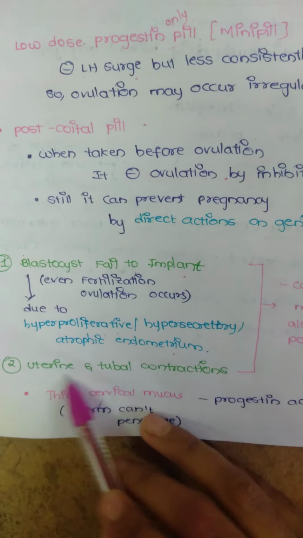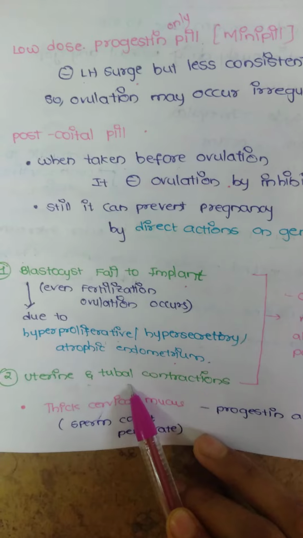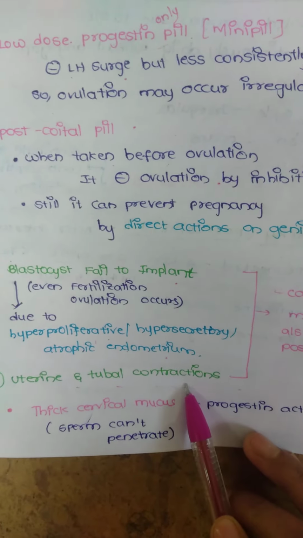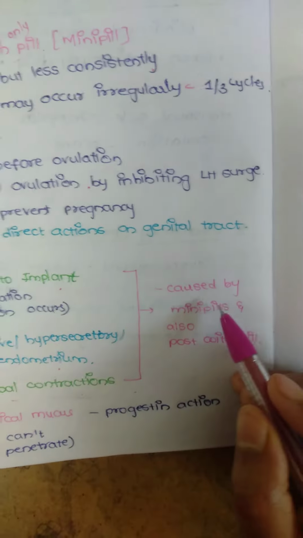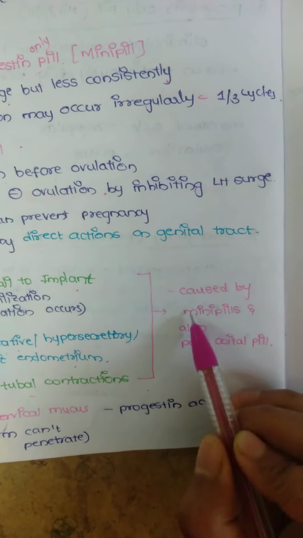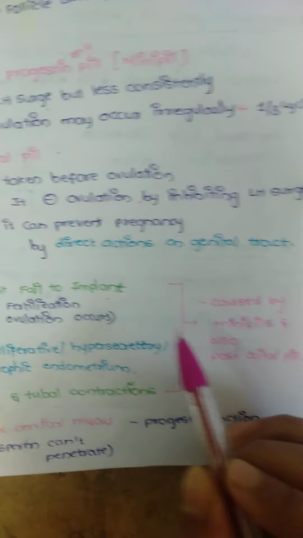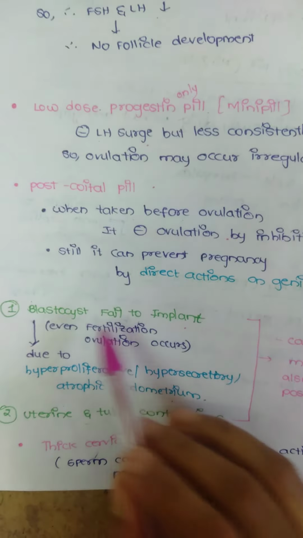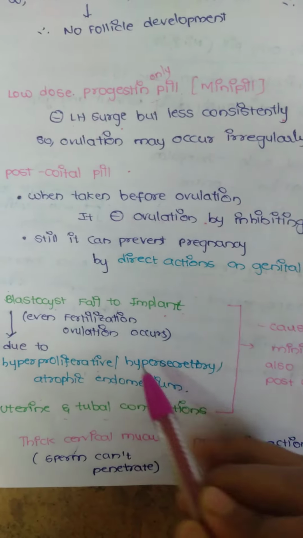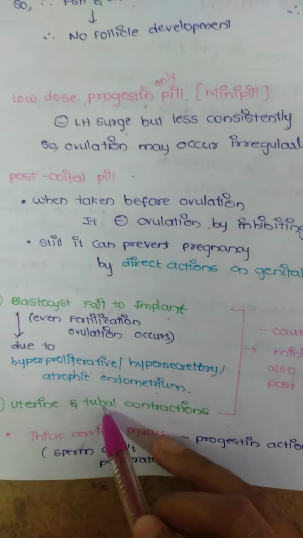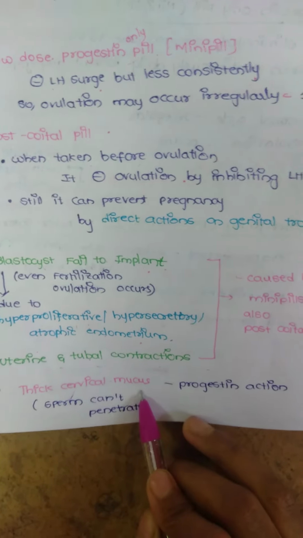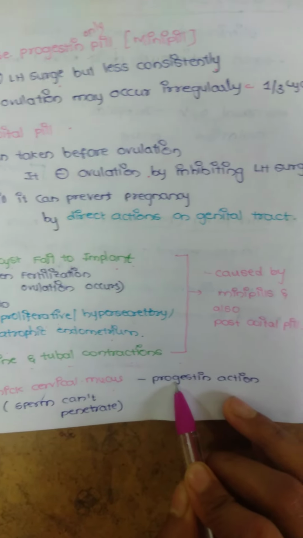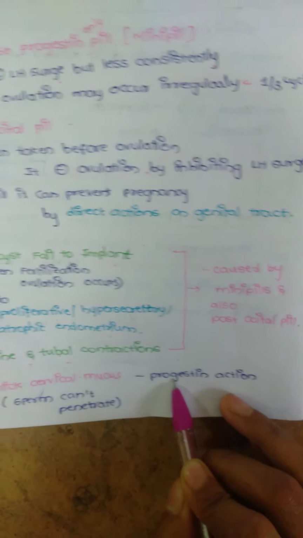They also cause uterine and tubal contractions to avoid conception or implantation. The action of mini pills and postcoital pills is mainly these two: the blastocyst fails to implant due to the endometrium and uterine and tubal contractions, and thick cervical mucus, which is the main action of progestin.